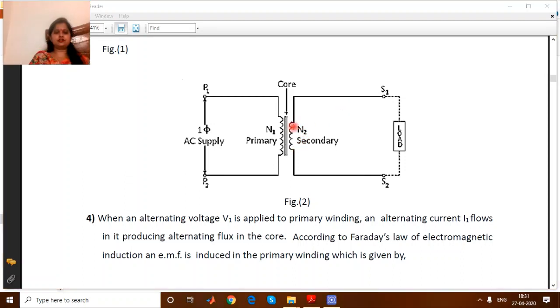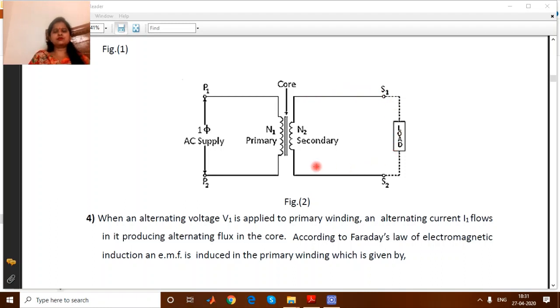There is a change in the linking flux, right? Then an EMF will be generated according to Faraday's laws of induction. An EMF will be generated in the secondary winding, like E2, and if we provide a closed path across the load, then a current will flow through this winding also.